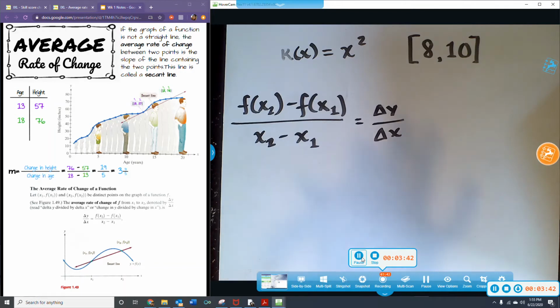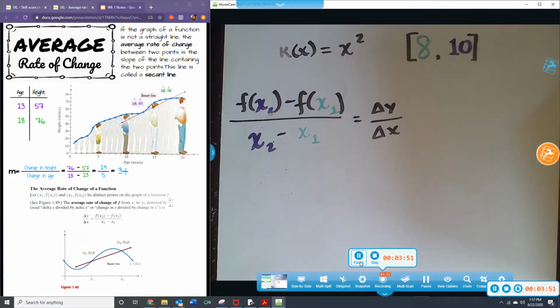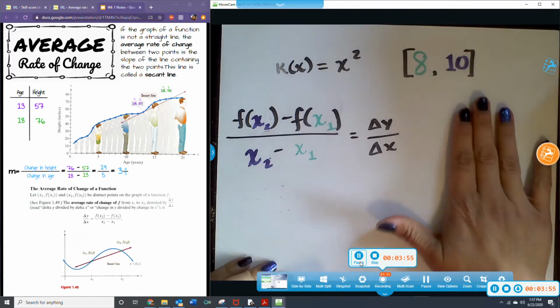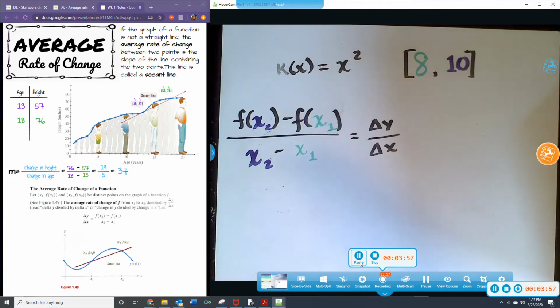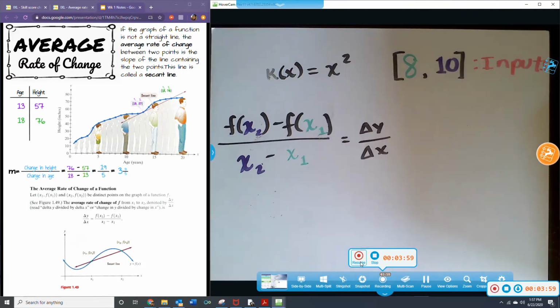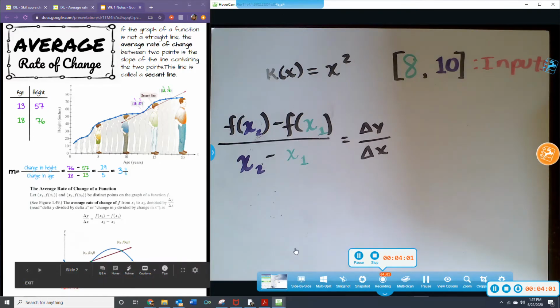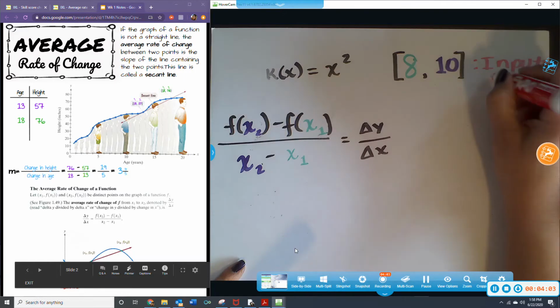Keeping this nice and simple, I'm going to color code this. There we go, that's much better. Given our interval here, these are actually our inputs, also known as our x's.